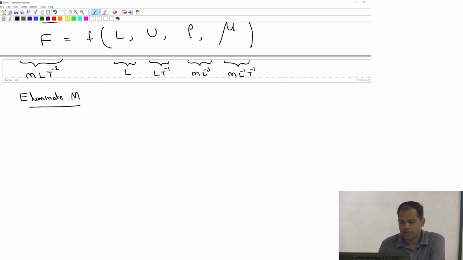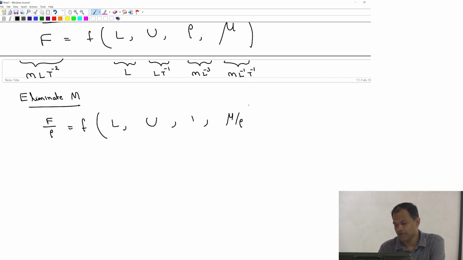In other words, I will divide f with density, I will divide mu with density. Okay. So if I do that, I will write f by rho is going to be a function of L, there is nothing that you need to do, U, nothing you need to do, rho by rho is 1, so I will not write it as any more a function of rho, and then mu by rho.